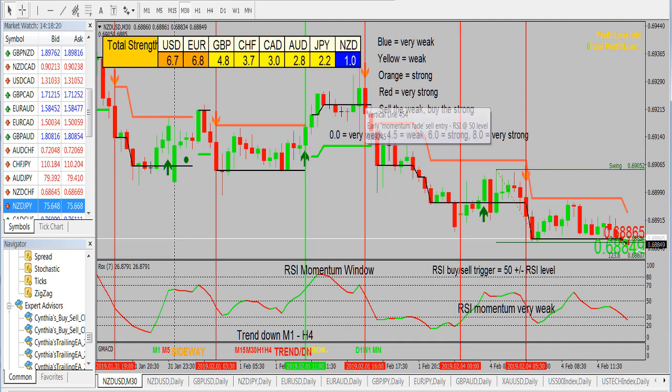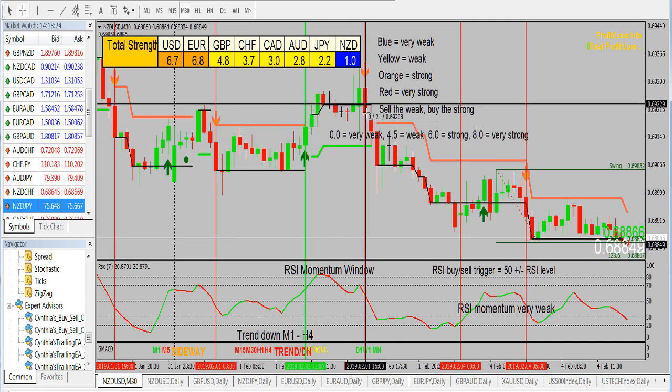So from the top of this to the bottom, if you had stayed in the trade at this point, that's 34 pips. When the momentum starts to pick up and crosses about the 30% level, then you've already lost a few pips. Most people would probably get out about here, and that's 30 pips.